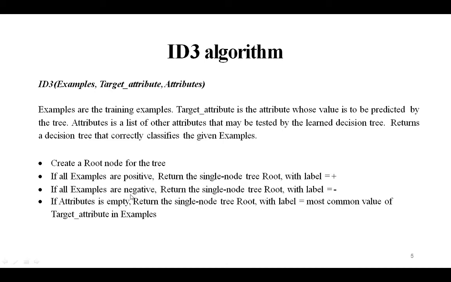If all the examples are negative, then it returns the single-node tree Root with the label equal to minus. If the attributes are empty, then it returns the single-node tree Root with the label equal to the most common value of the target attribute in the examples.